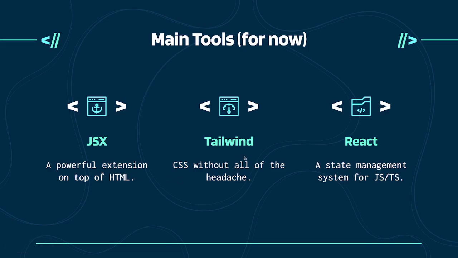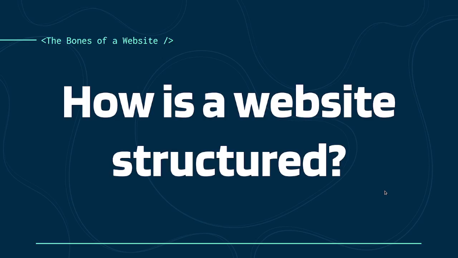Tailwind is how you style your websites, how you make everything colored, how you change all of the text, the fonts, the spacing, etc. And then React is an interesting one. It's called a framework, a JavaScript framework, state management system, state framework. There's a bunch of different ways to describe them. But React is like a tool that lets you use JavaScript in a more effective way. And again, I'm going to go into that soon.